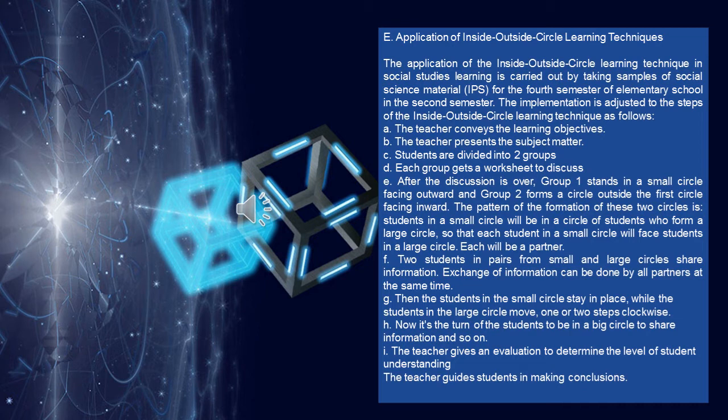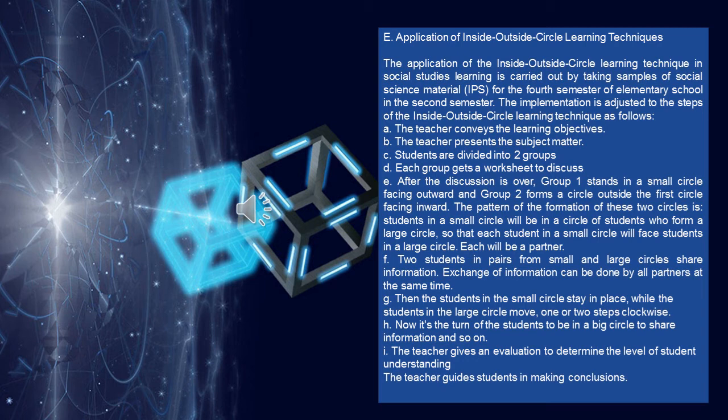E. After the discussion is over, group 1 stands in the small circle facing outward and group 2 forms a circle outside the first circle facing inward. The pattern of the formation of these two circles is that each student in the small circle will face a student in the large circle.